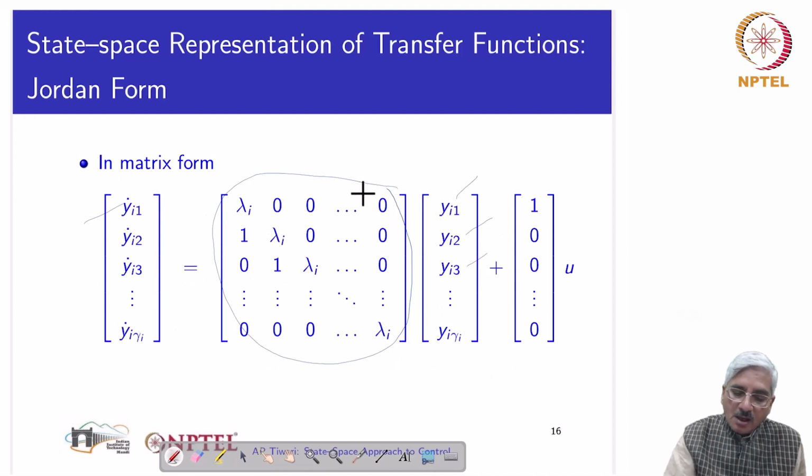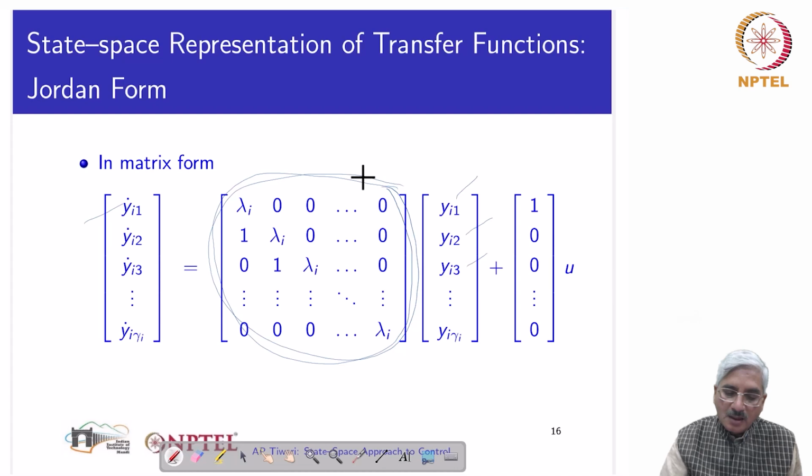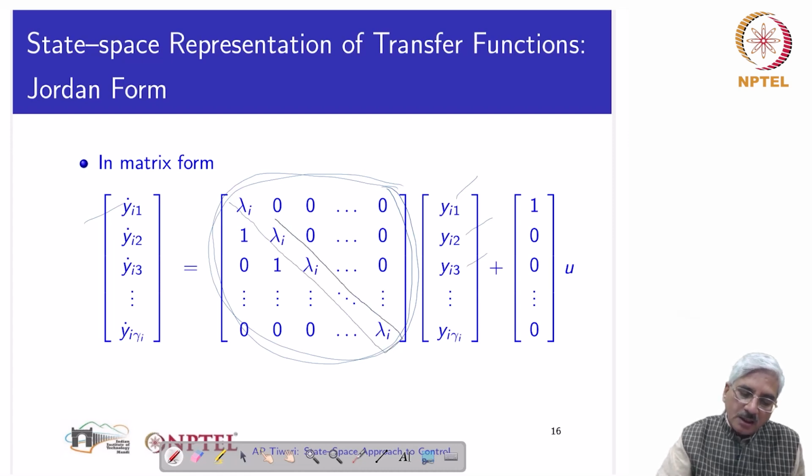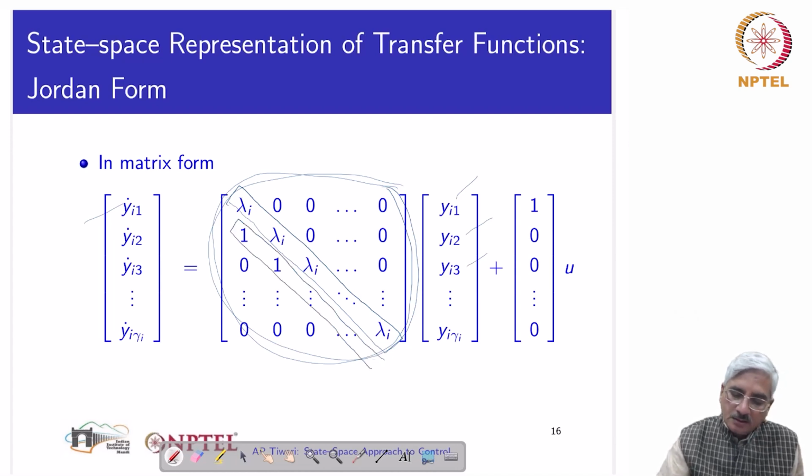So this is the matrix representation. Its appearance is special because the poles lambda I appear on the diagonal, and the sub-diagonal has unity 1, 1, etc. So this is the Jordan form block.